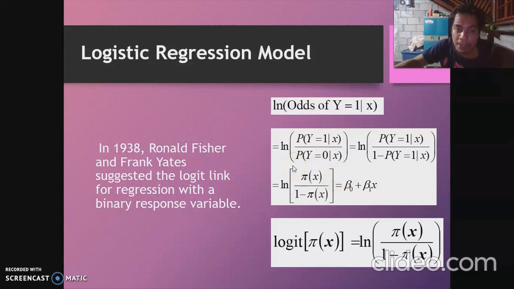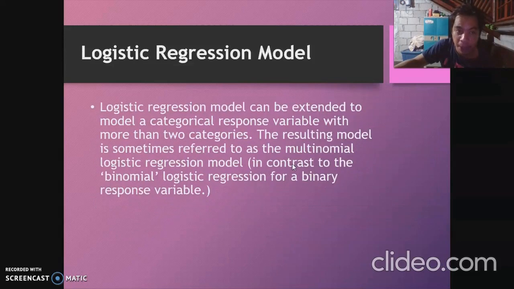Sabi po dito na ang logistic regression model can be extended to a model with a categorical response variable with more than two categories. So, the resulting model, yung unang pwede i-discuss, tinatawag po itong multinomial logistic regression model.